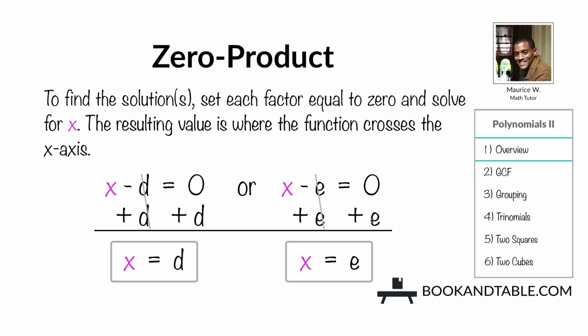So we add e to both sides, giving us x is equal to some number e. So this is how you would go about using the zero product property to find the solutions or the x values where the function crosses the x-axis. So this is why we want to go about factoring quadratics specifically.